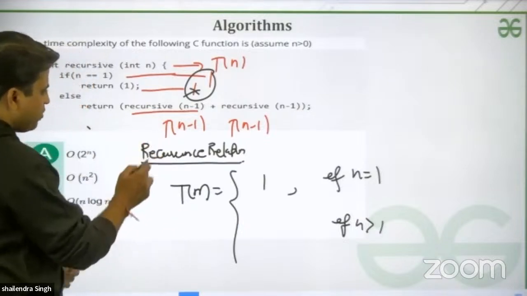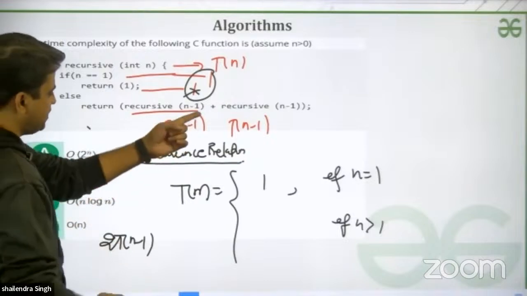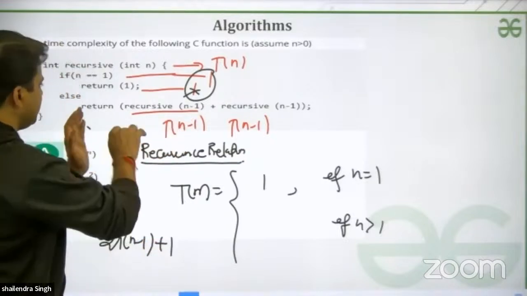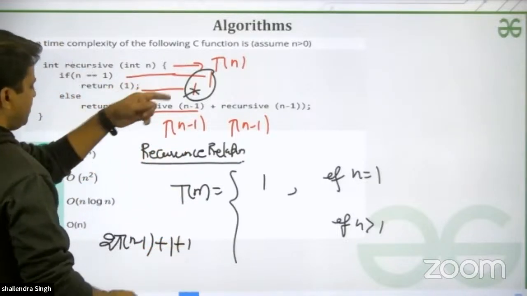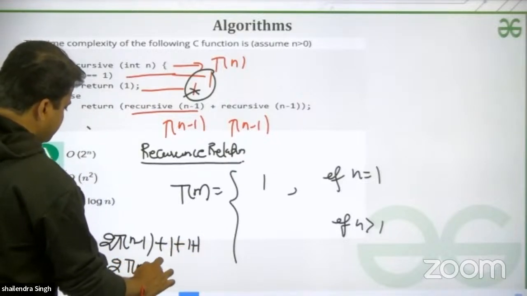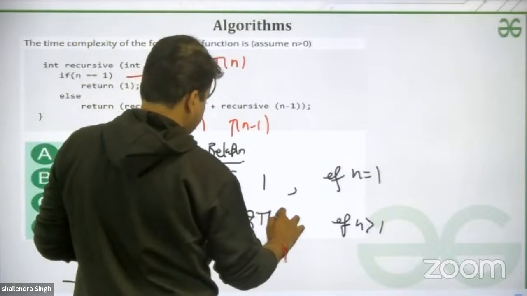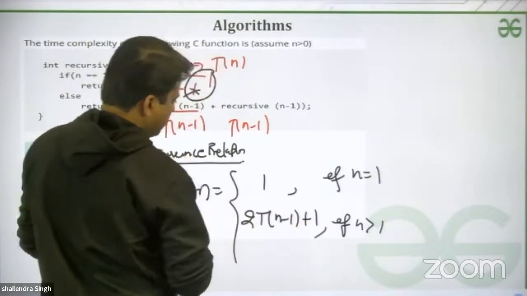So Tn equals क्या होगा? 2T(n minus 1), sum of this, plus ये add होगा, इसका cost plus ये return होगा, plus 1 वो this one और plus 1 ये, right? So ये आ गया आपका 2T(n minus 1) plus 3, okay? So 3 is a constant, for easy calculation you can assume 1.